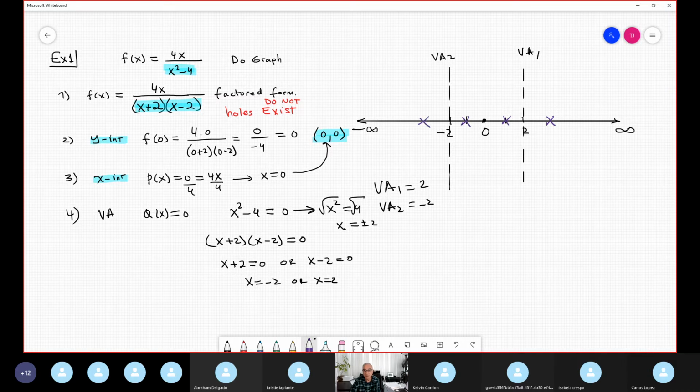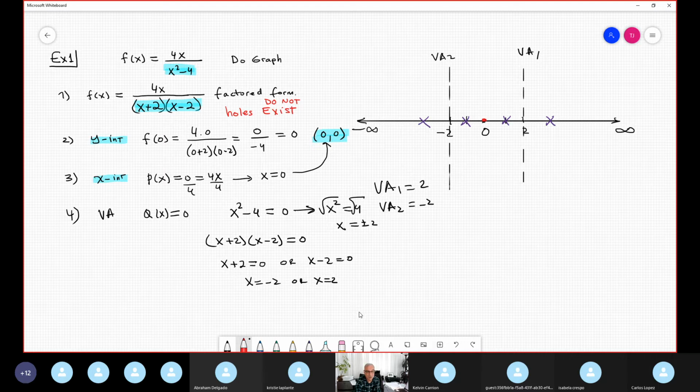Remember, in between the vertical asymptotes, the only x-intercept we have is at 0. 1, 2, 3, and 4. This is the minimum number of additional points I need to include.